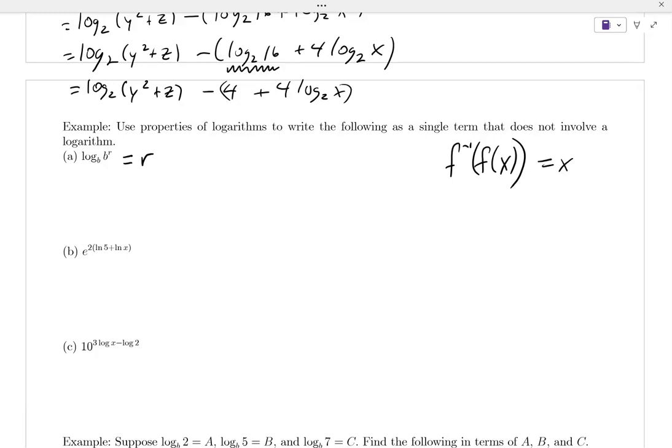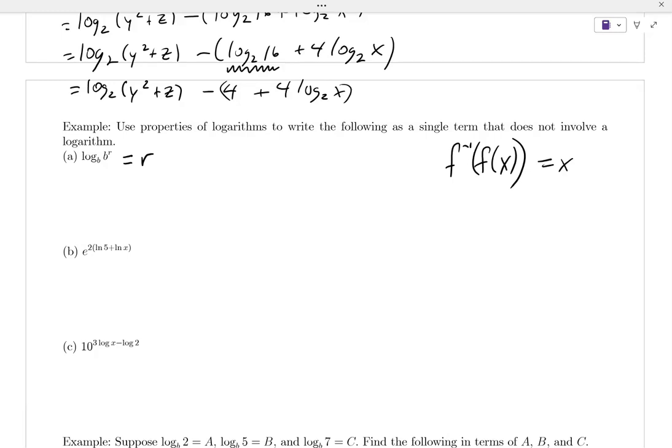They undo the function and get back to where I started. Logarithms and exponentials are inverses of each other. This says do the exponential and then do the logarithm. Plug a number in the exponential and then plug that output into the log. Well, it should undo what the exponential did. I should get back where I started, which was with the exponent. So this really is just an inverse statement.